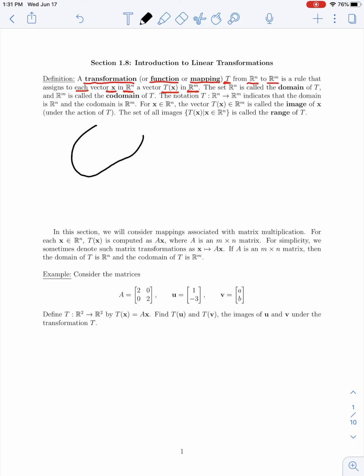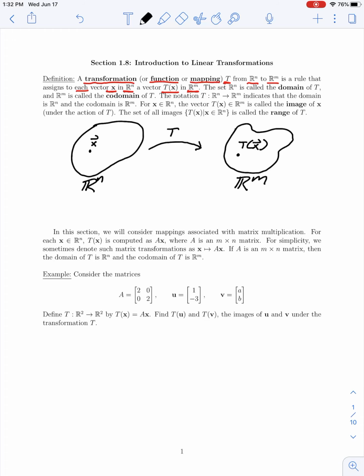So we have some set of vectors x, and for each vector in the space Rn, we have a transformation or function or mapping, which we call T, which assigns a value which we denote as T of x, some vector in Rm.